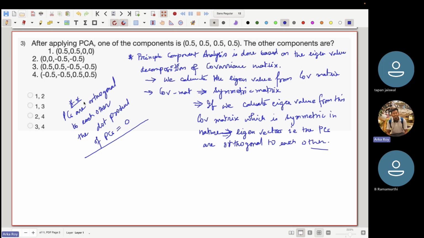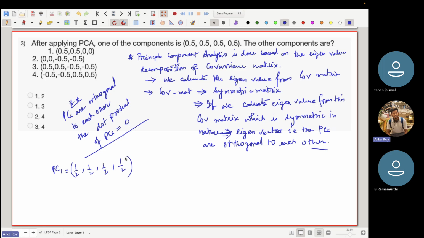So over here in the question, they have asked, after applying PCA, one of the components is 0.5, 0.5, 0.5, 0.5. So that means one of the PCs, let's say PC1, is equal to half, comma half, comma half, comma half.